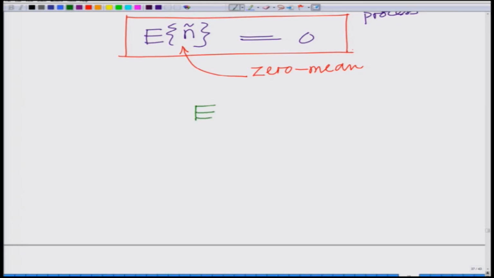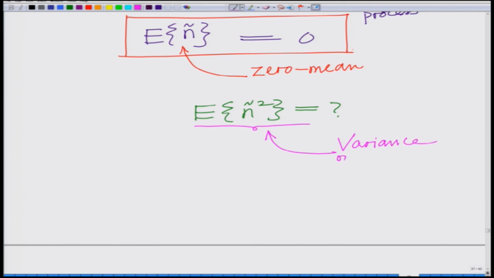Now, the second aspect, the more important point, is the variance, which gives us the noise power. That is the more interesting thing: how do we find out the variance, or noise power?